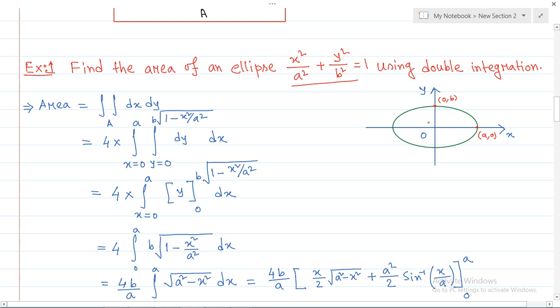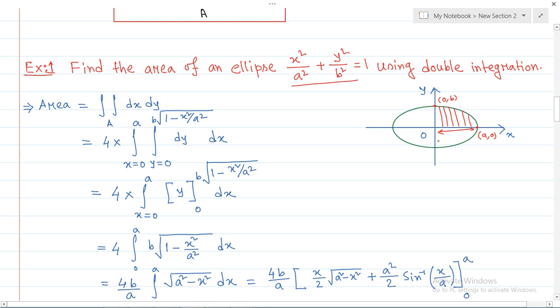So one limit is going to be variable, the other limit will be constant. For making x a constant, I am considering this length only, that is 0 to a. And for y, we measure y vertically, so we have to shade only this one portion in the first quadrant by vertical lines.